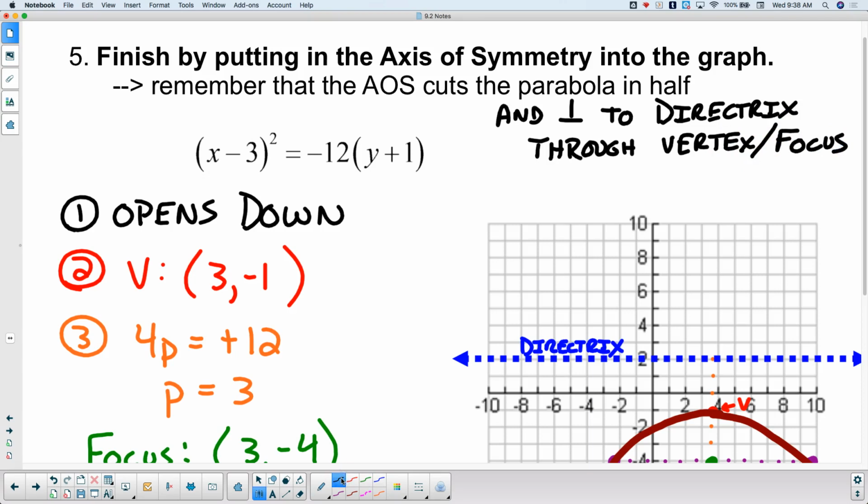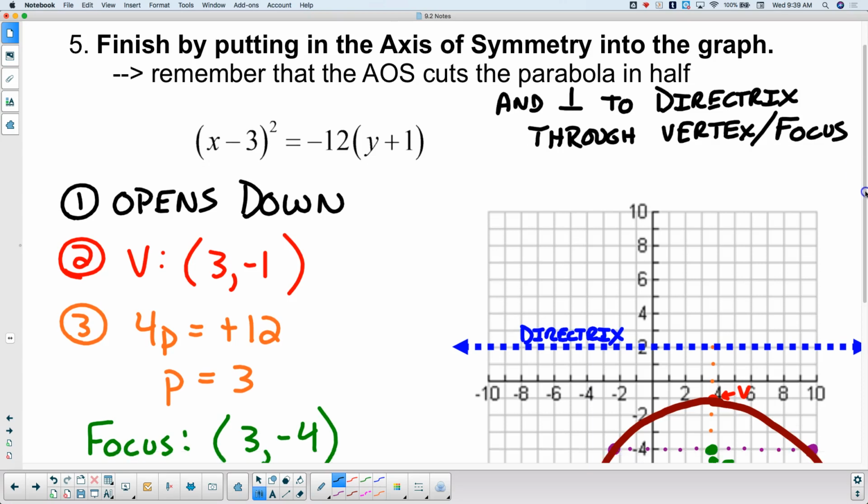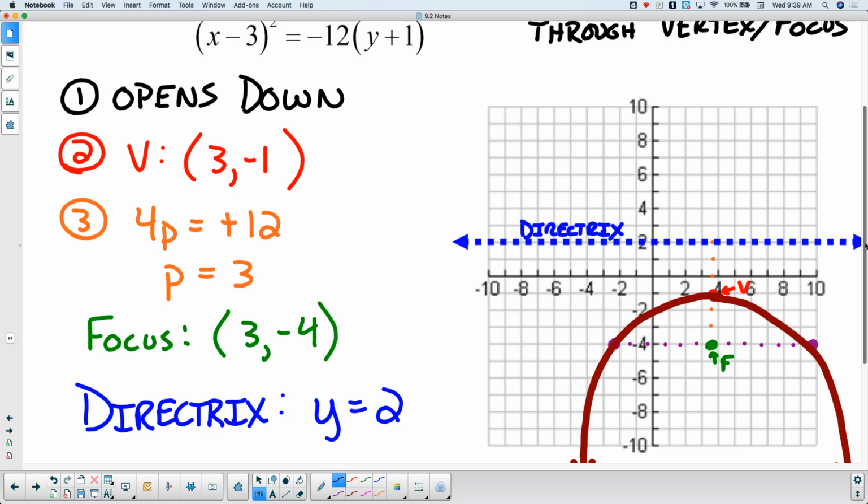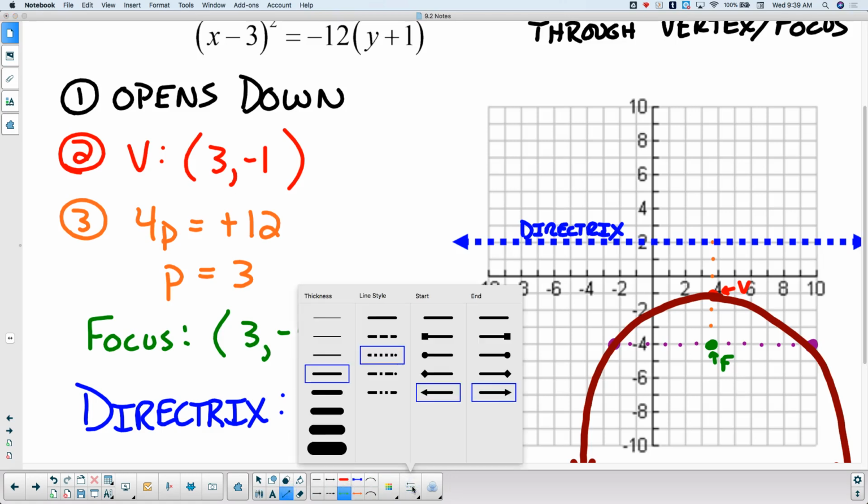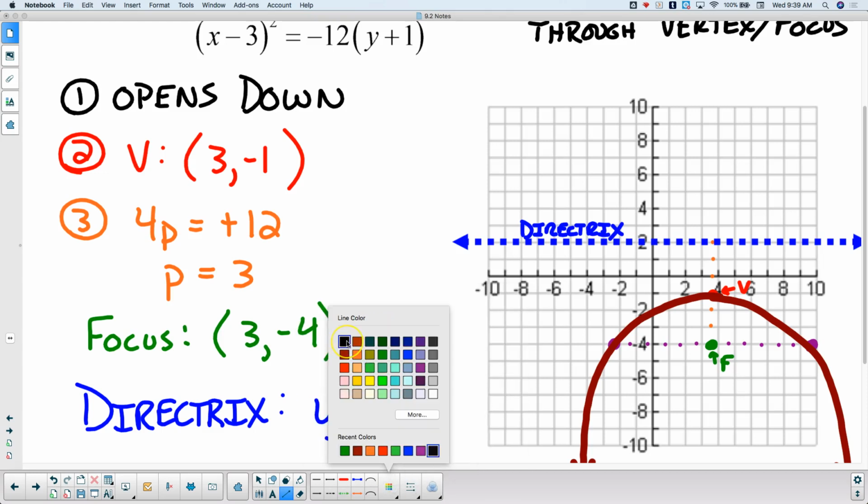Okay? So my axis of symmetry is perpendicular to my directrix, and it's the line that goes through the vertex and the focus. So in this particular case, it would be, oops, I want color, not that one, there we go.